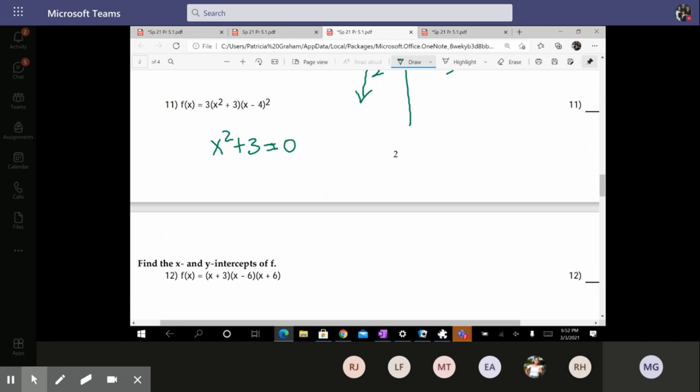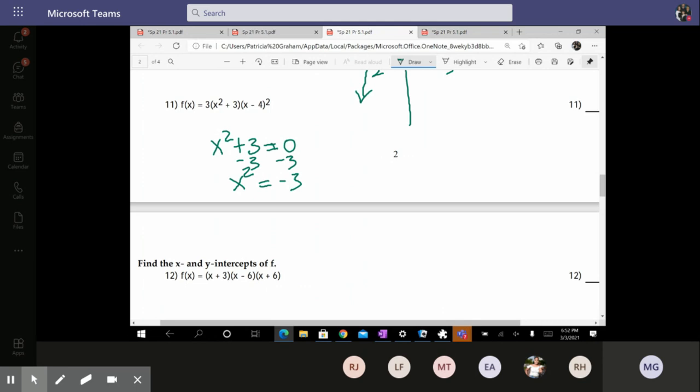What happens when I go to solve something like that? Subtract that 3 from both sides, and x squared is going to equal a -3. Does that have a solution? No. You can't have a square equal to a negative, right? That doesn't mean the whole thing is just bogus. That means that my curve there is going to happen without touching the x-axis.